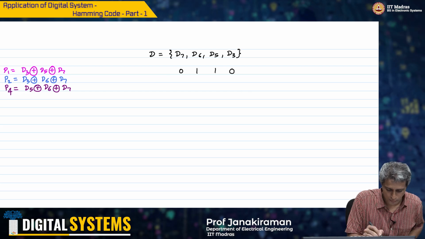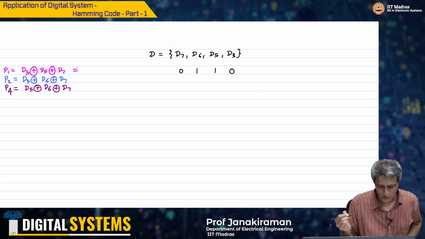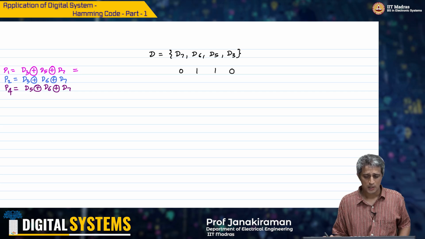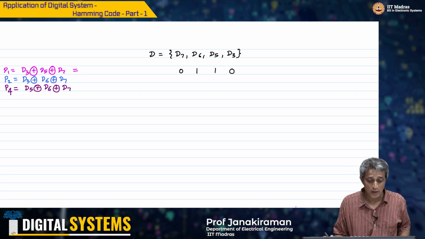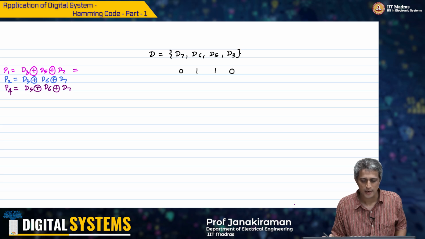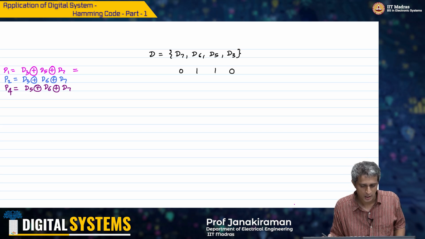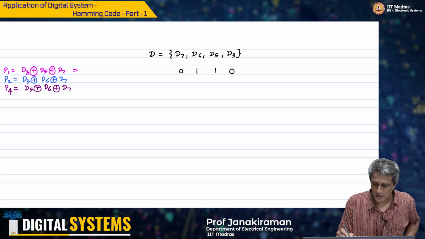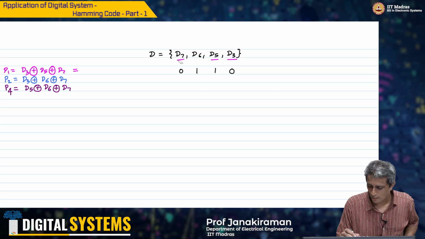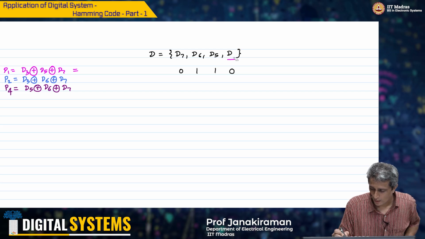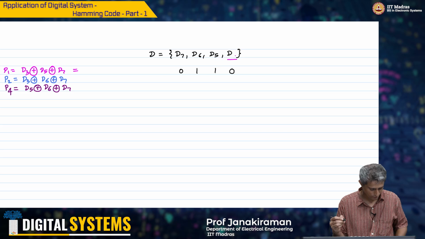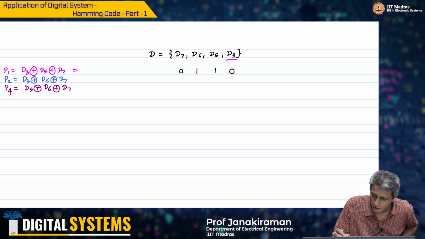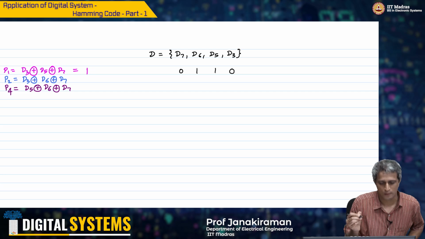P1, P2 and P4 like this. So, what is P1? P1 is D3 XOR D5 XOR D7. Between D3, D5 and D7, you have only one 1, and therefore the XOR is a 1, right.